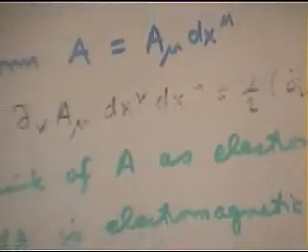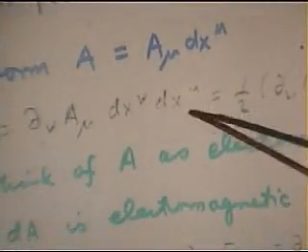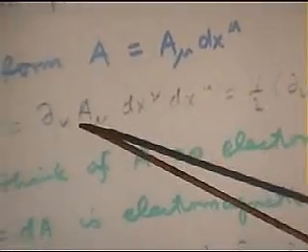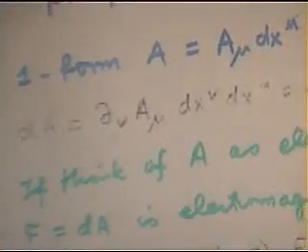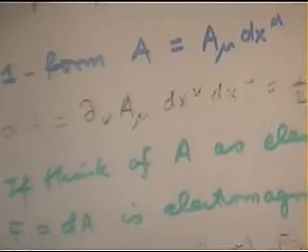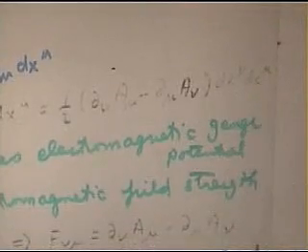If I interchange nu and mu, I should get a minus sign. So I can take this term and reverse mu and nu with a minus sign and divide by 2. So this is d nu a mu minus d mu a nu. Okay? It's equal to this.